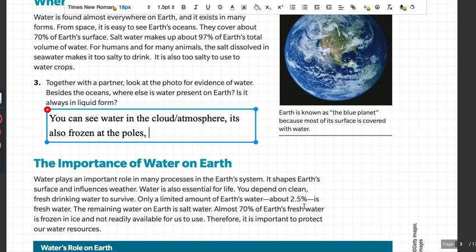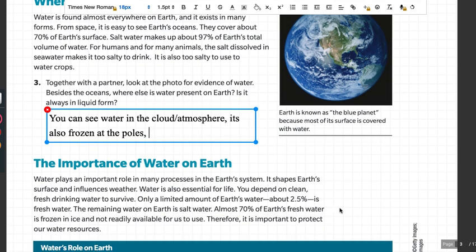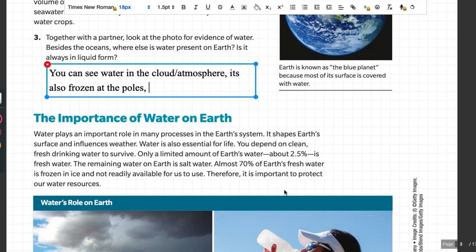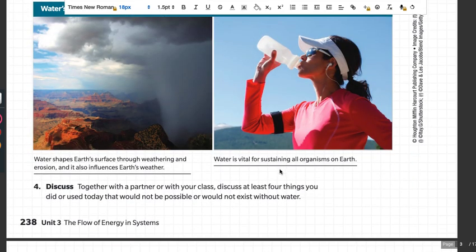And 70% of Earth's fresh water is frozen in ice. So of the 2.5% of water on Earth, we can only use about 3/10 of that. So we use far less than a percentage of the water on Earth. So it's important to us.